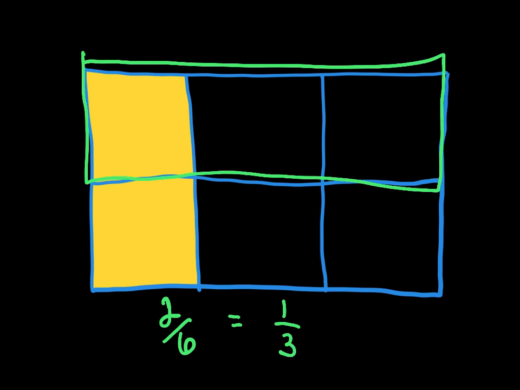By using division. The number we can divide the top and the bottom by would be 2. And when we divide by 2, 2 divided by 2 is 1, the numerator. 6 divided by 2 is 3, and that's 1/3. So 2/6 is equal to 1/3, and we did this by using division and an area model.